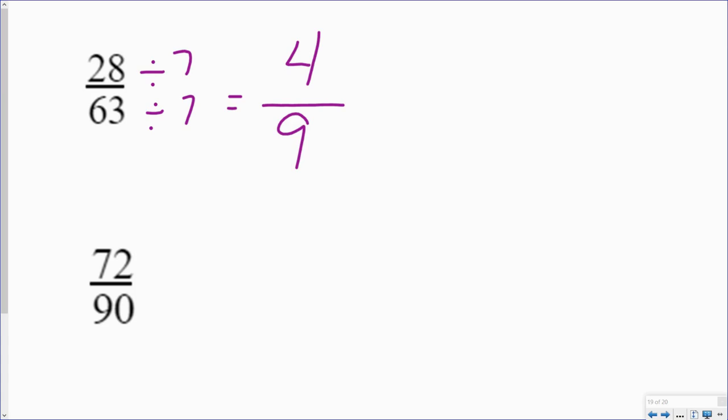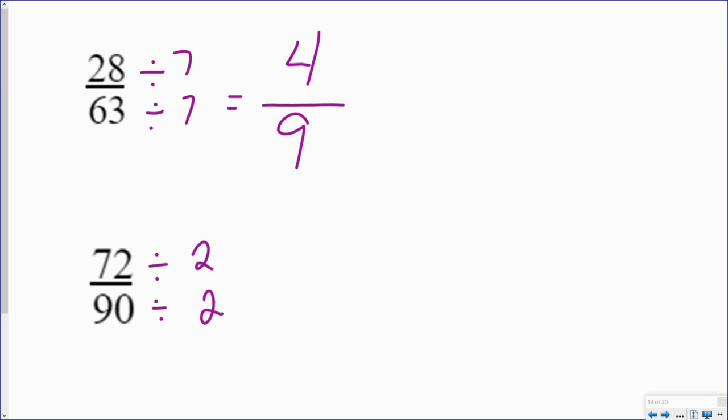Here I have 72/90. Again, a couple of larger numbers. Well, when I look at this, I know that they are both even numbers, so I can divide both of them by 2. Now, this might not be the biggest number that they have in common, but it's going to help me get to numbers I'm a little bit more familiar with.